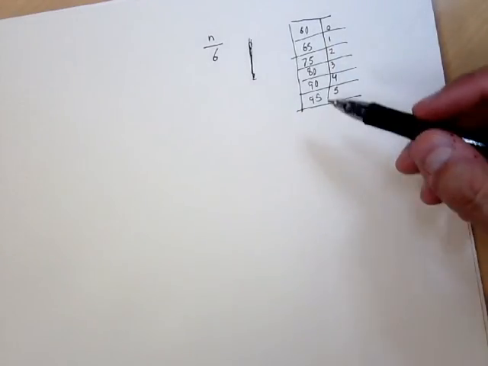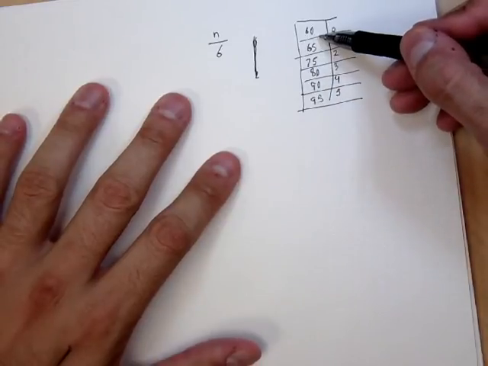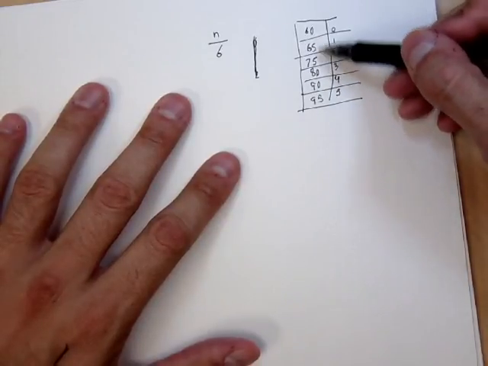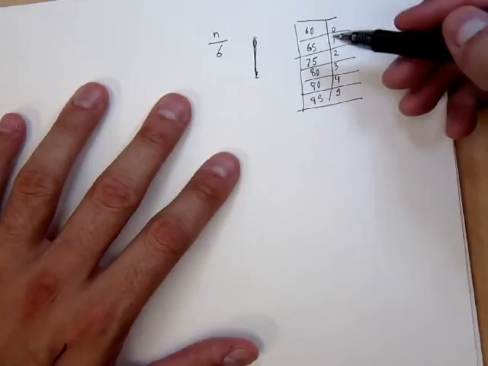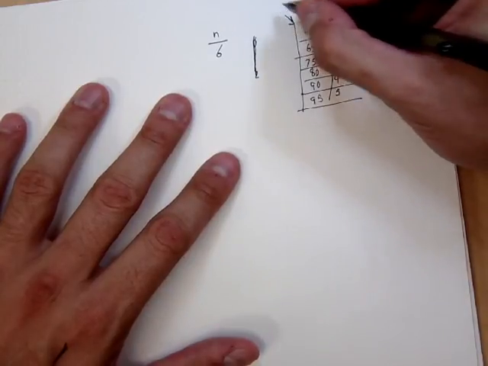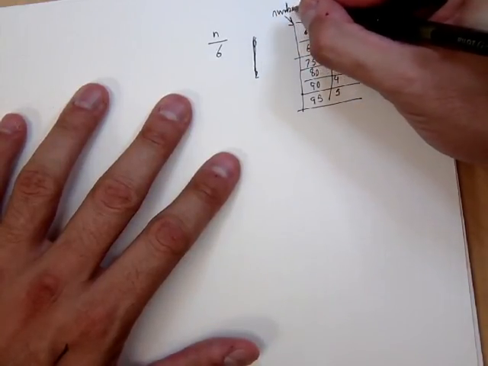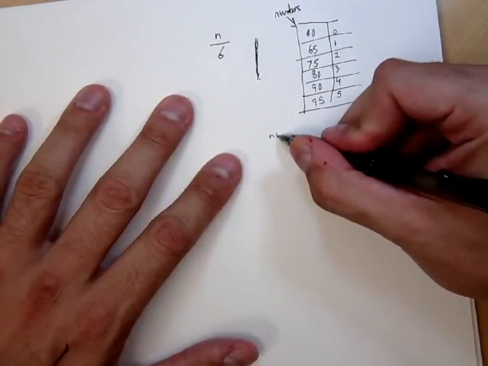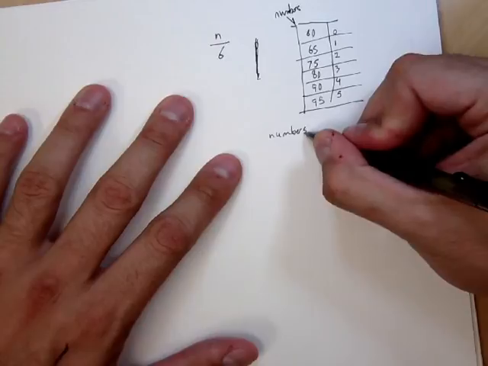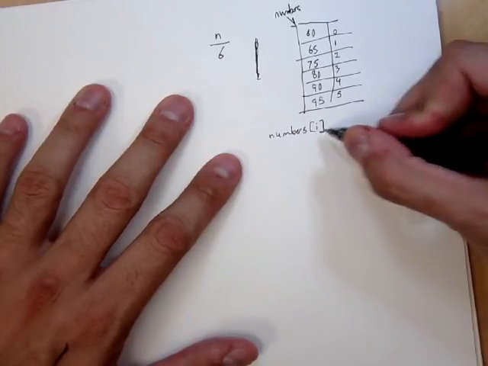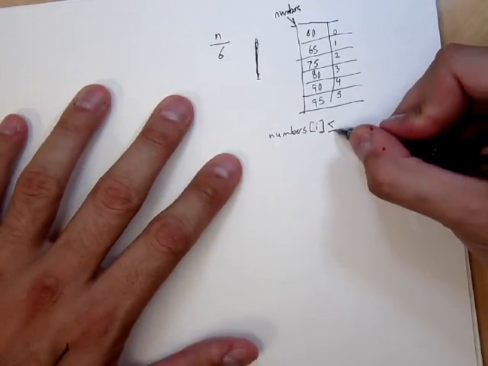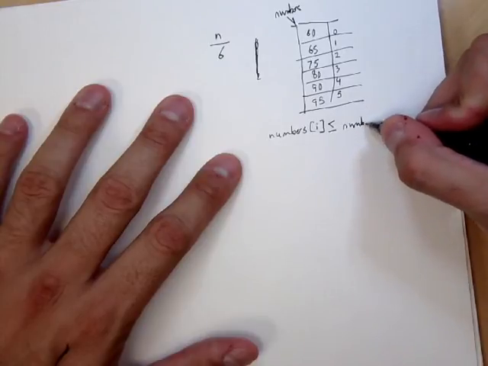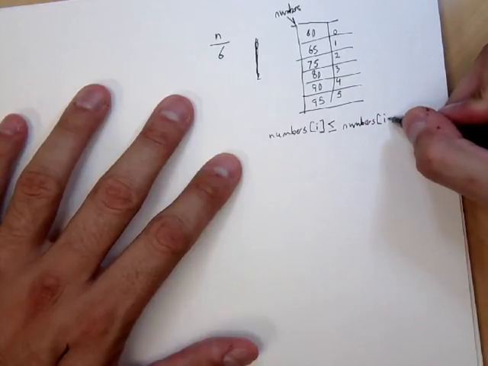The important thing here is each number is less than or equal to the one that follows it, right? So if this value here is called numbers[i], then numbers[i] is less than or equal to numbers[i + 1].